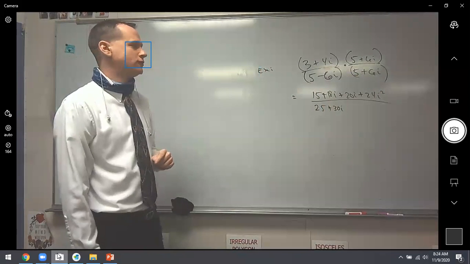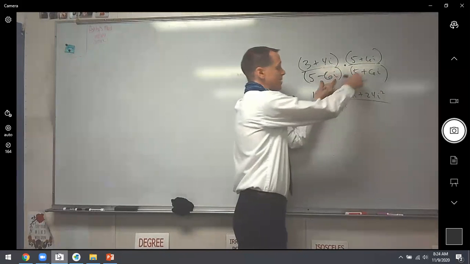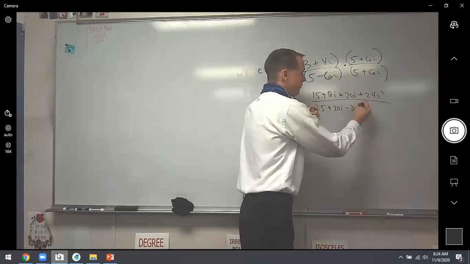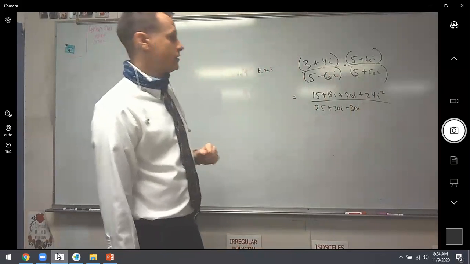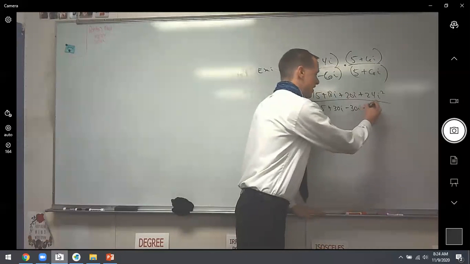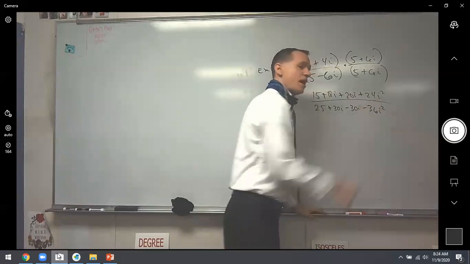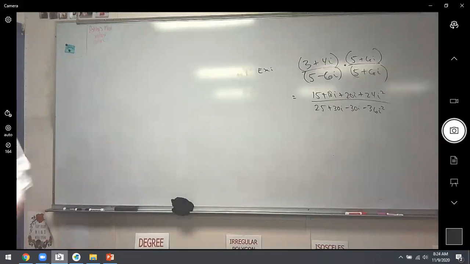Moving right along to the negative 6i. Negative 6i times 5 would be negative 30i. And the last pair, negative 6i times 6i, well, negative 6 times 6 is negative 36. But you've got an i times an i also, which is i squared. So that's what that thing kind of looks like.